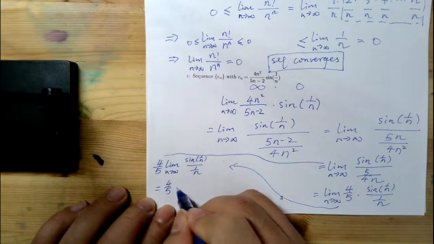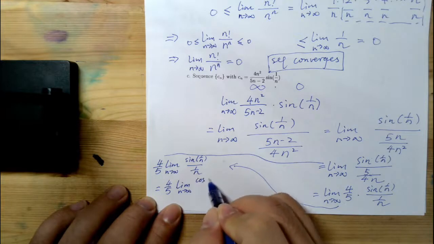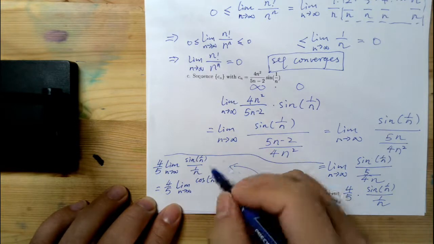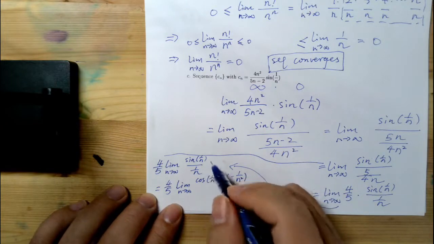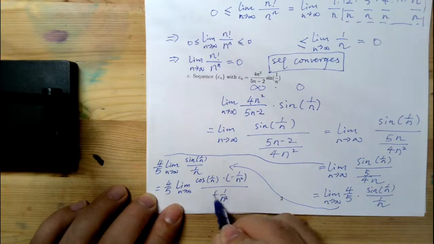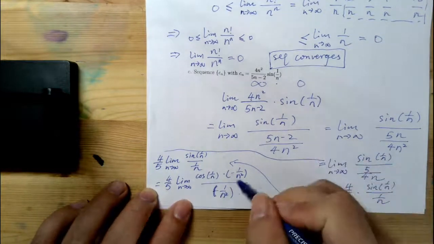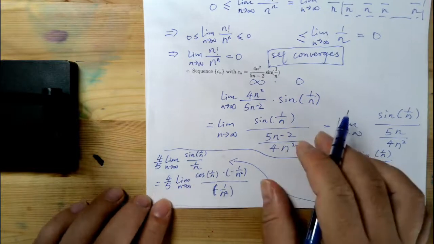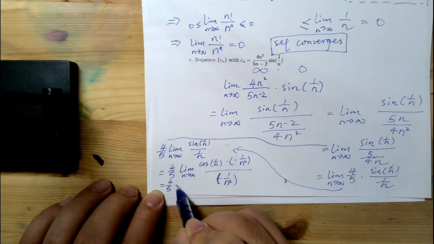Which gives us cosine of 1 over n times negative 1 over n squared, which is the derivative of 1 over n, over negative 1 over n squared, which is the derivative of the bottom 1 over n. Do you see that those two cancel out? Now what we have is 4 over 5 times the limit as n goes to infinity of cosine of 1 over n.